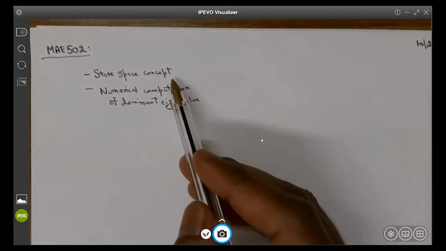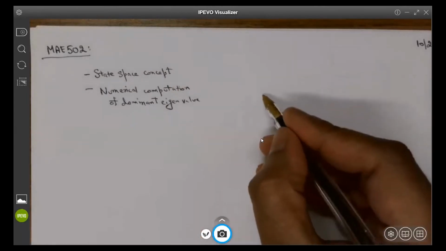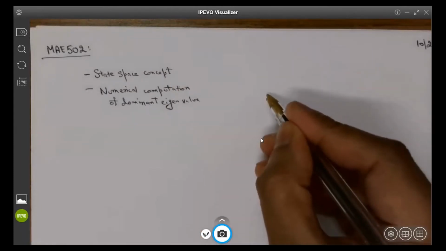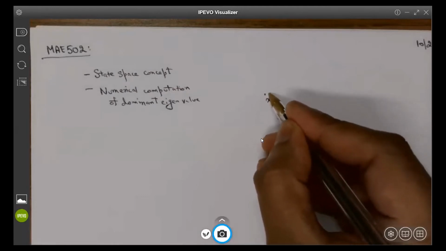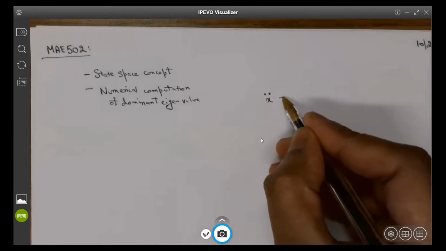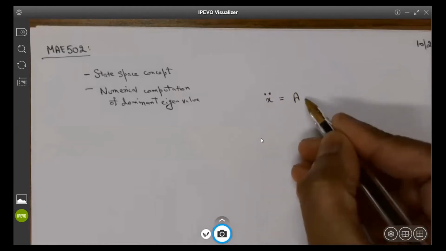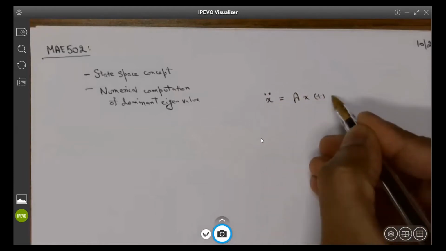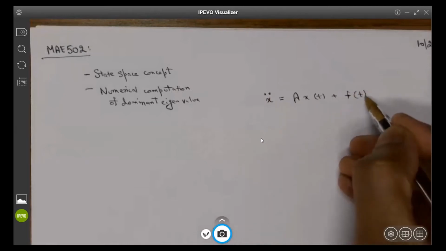What we saw in the state space concept: we started with, I believe, the second order differential equation. Let's say I have a differential equation given by x double dot equals A x of t plus f of t.